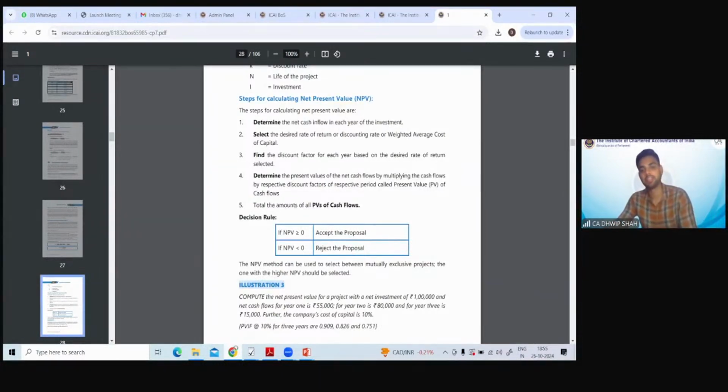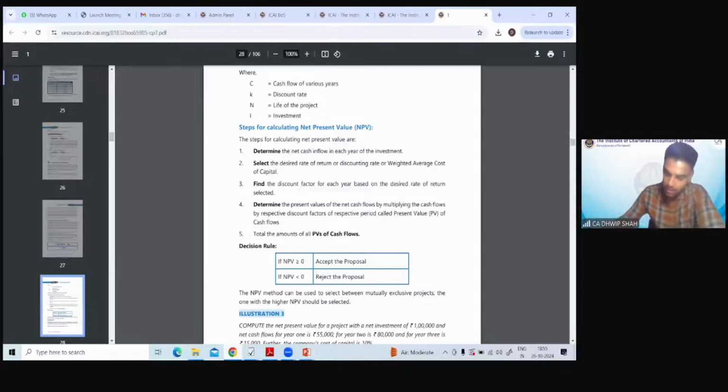If NPV is less than 0, meaning negative, reject the project. And in case of mutually exclusive projects, we select the project which has higher NPV. You can read this line below this table. If the projects are mutually exclusive, it means either you have to select project A or project B. You cannot select both projects. So in that case, the project which has higher NPV is selected.